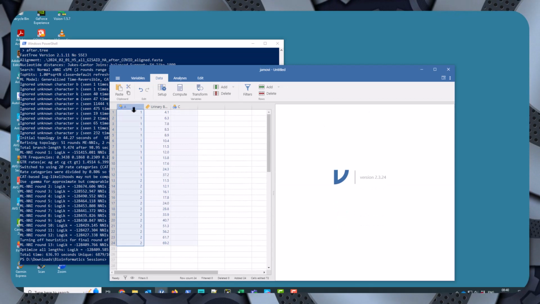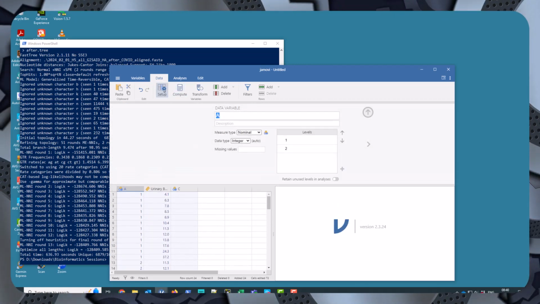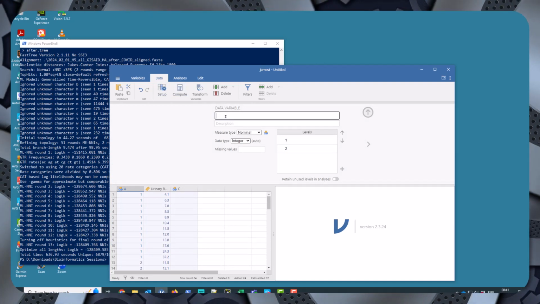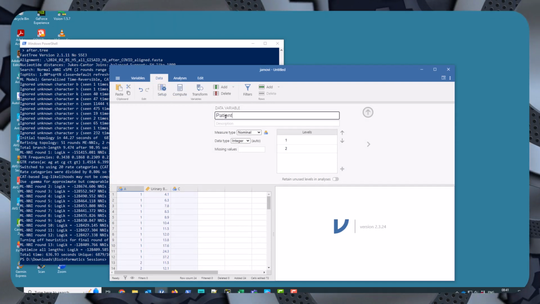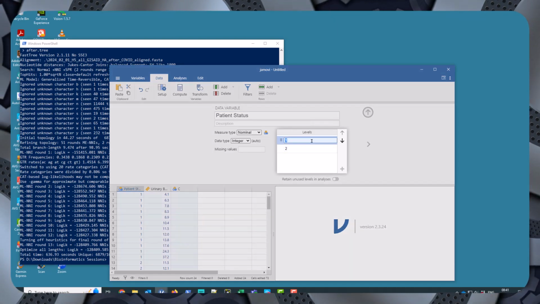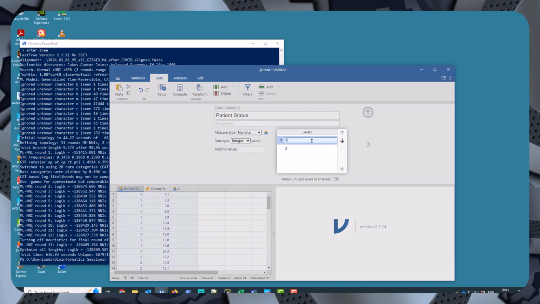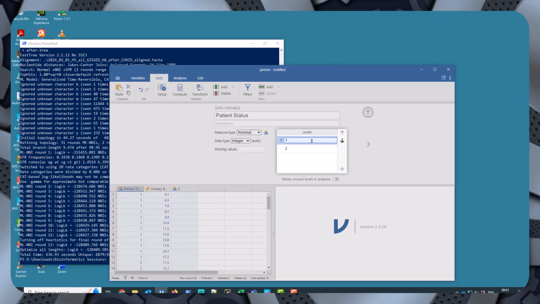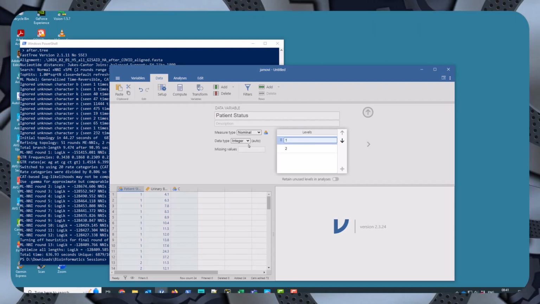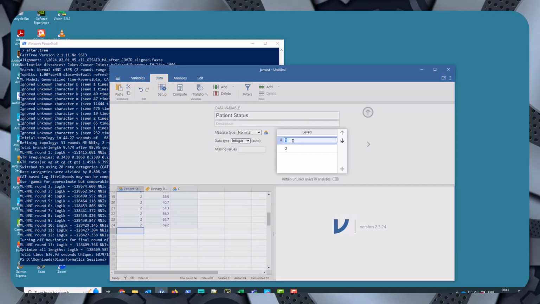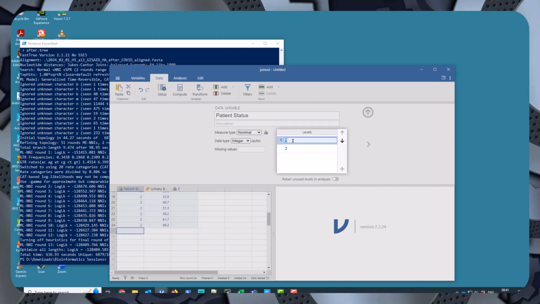Let's look at that variable. Set up. So variable A, they say is nominal with two levels. So I'm going to put it as patient status. We've got level 1, which is healthy.